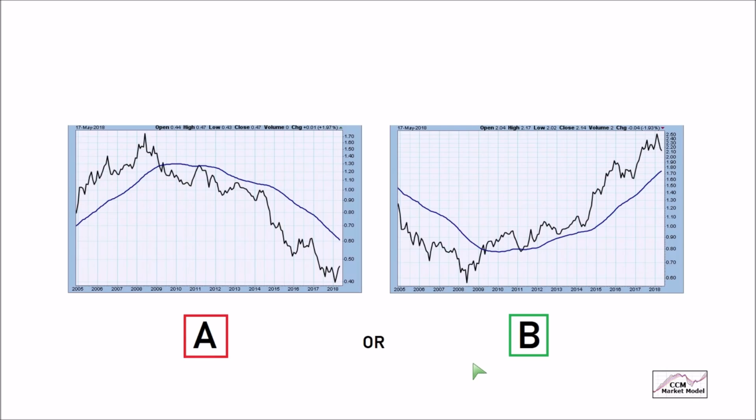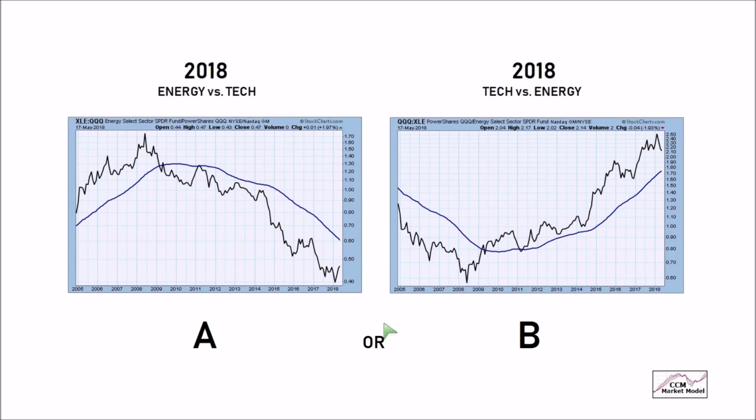If we put the symbols back on, we can see the long-term trend for energy, XLE, relative to the triple Qs remains down. If we flip it the other way, we can see the bullish variant. The last major thing that happened on this chart was a new high here.